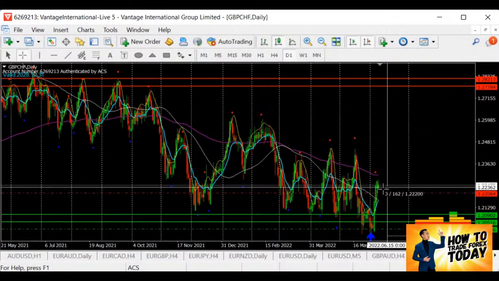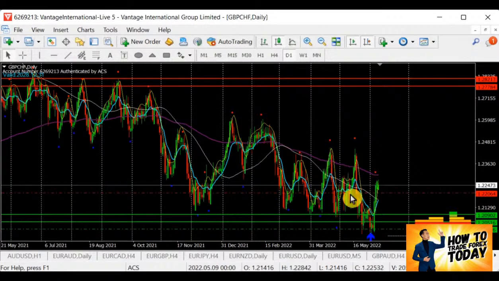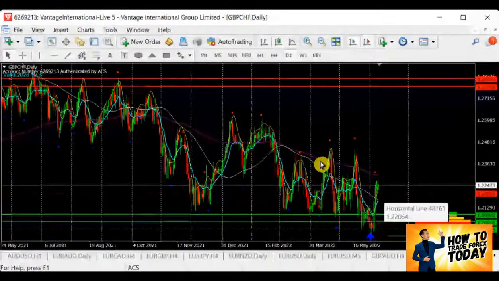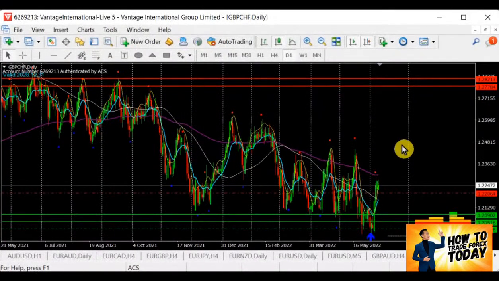If it comes down to sell and tests the bull zone again, selling is possible, but it's not as good as the others right now, because you can see the testing so many times here. It is not really ideal.